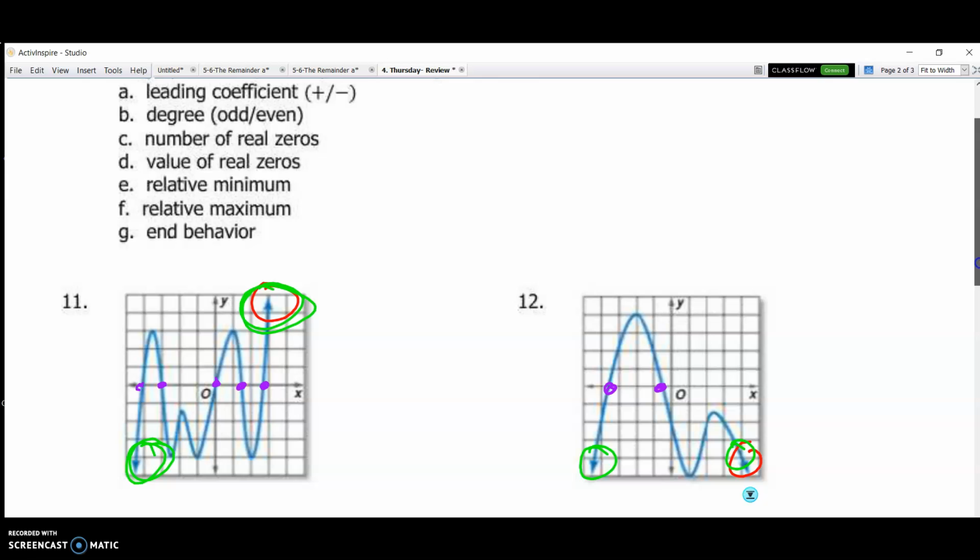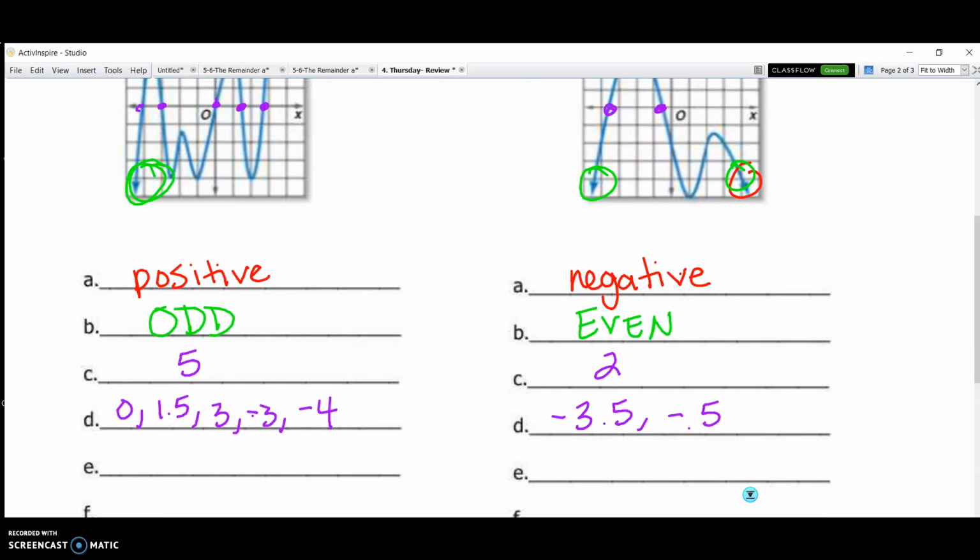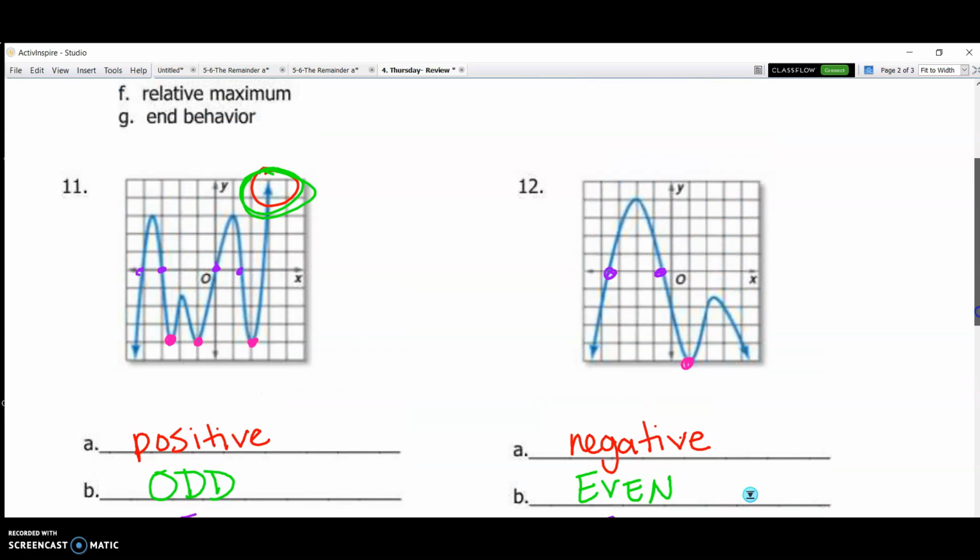Okay, how many relative minimums do we have? So count the hills. For the minimum, there's 1, 2, 3 here, 3 minimums. There's 1 here. F asks for how many maximums?